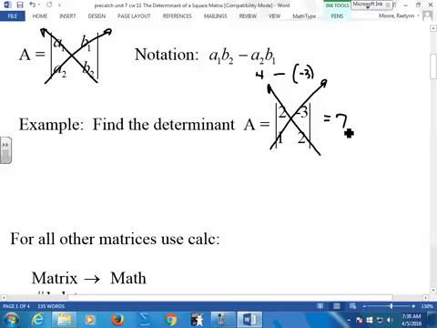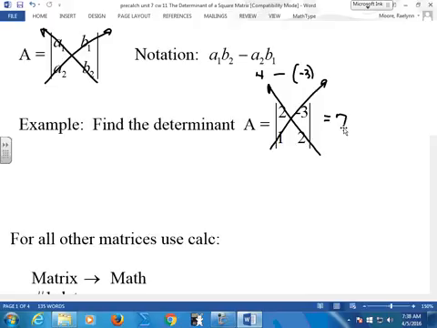Now it's kind of nice in your calculator, because when you put this matrix in and you go to calc, the first calculation it hits is determinant. So if you put this in your calculator and you go to determinant, click on whatever one you put it in, A, and it'll give you the determinant of that.